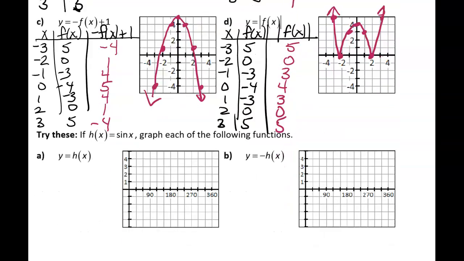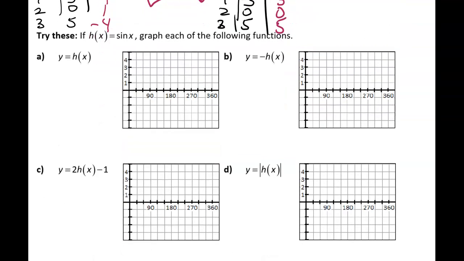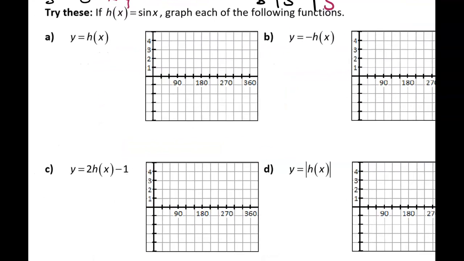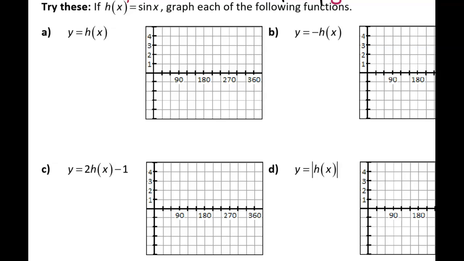Now we're not going to see a lot of trig, but you'll see a little bit of trig from time to time just so we remember some things. In this graph, h of x is equal to sine x, and we should know our points for the parent function sine of x. X has to be the angle, so 0, 90, 180, 270, 360 would be good values to use.